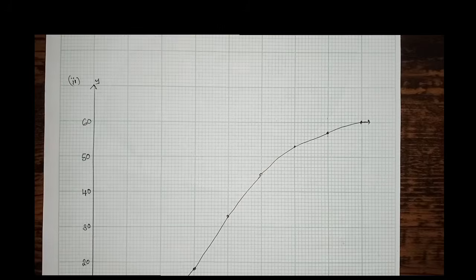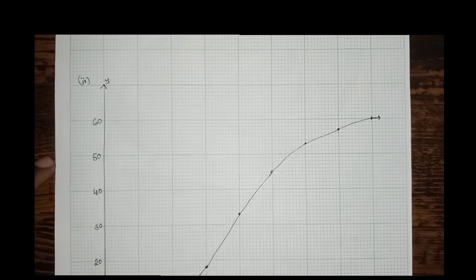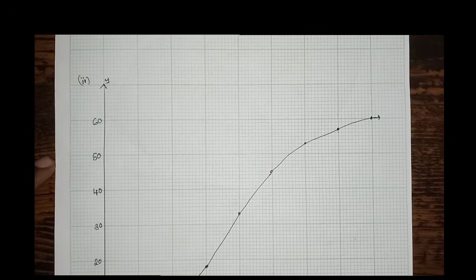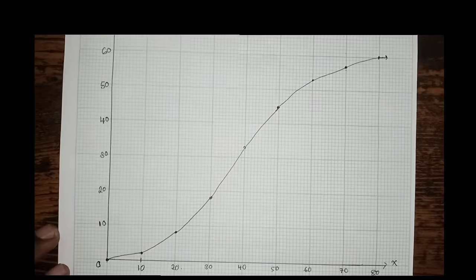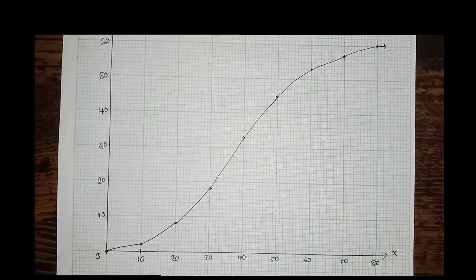We go to the next question, where they want us to find, showing your method clearly, use your graph to estimate the interquartile range.